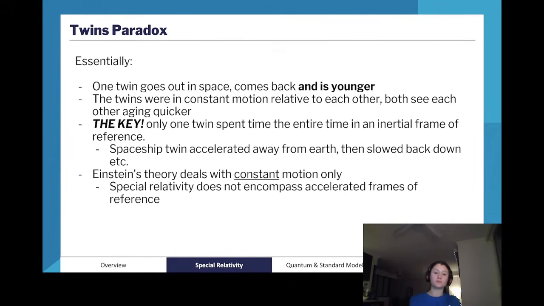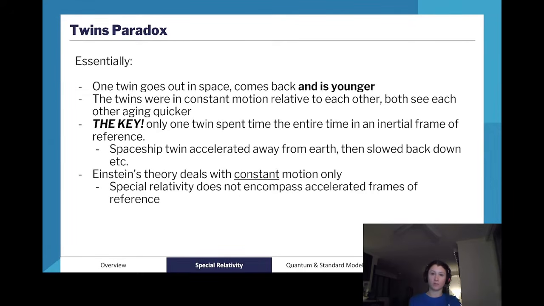So essentially, one twin goes out in space, comes back, and is younger. The twins were in constant motion relative to one another, and both see each other aging quicker.